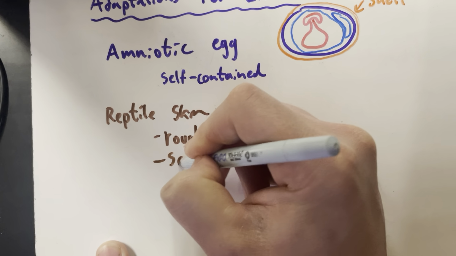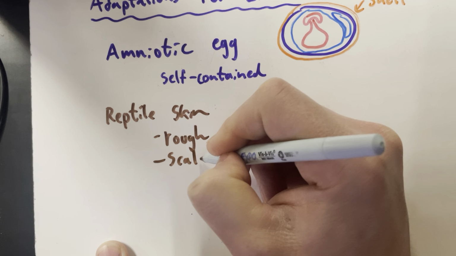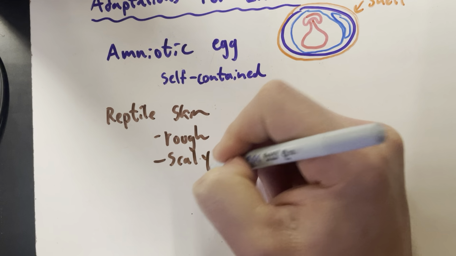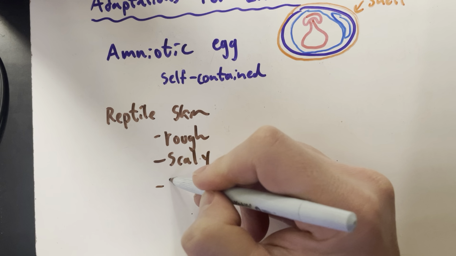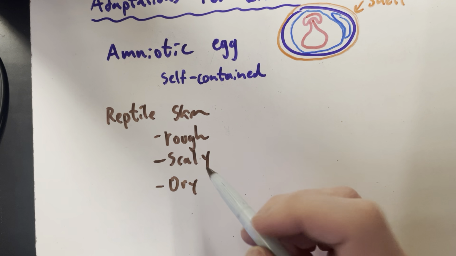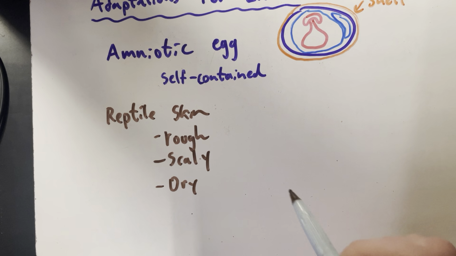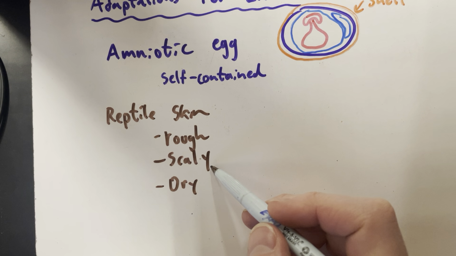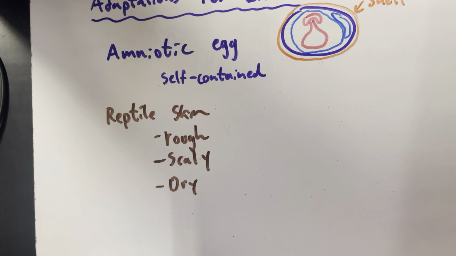It's scaly. It's dry. They don't need to have water on their skin. They're covered in these scales. And if you don't have water on the surface of your body, you can't lose water to evaporation.